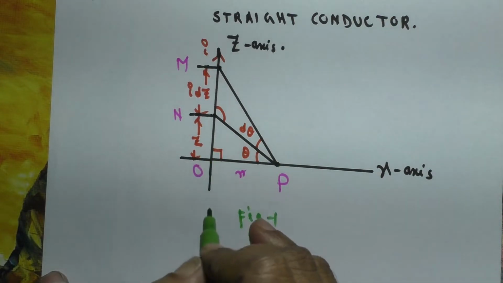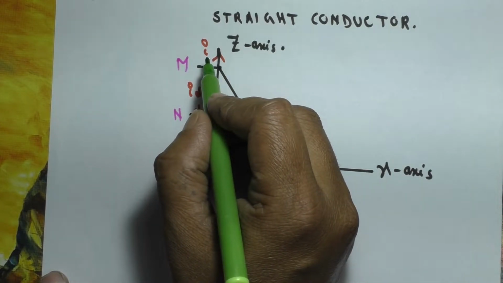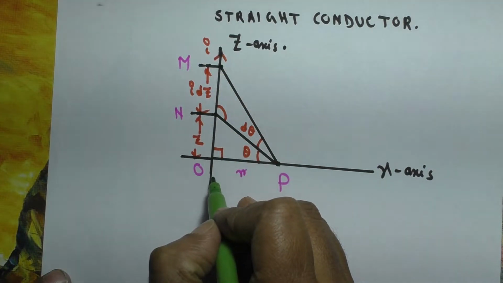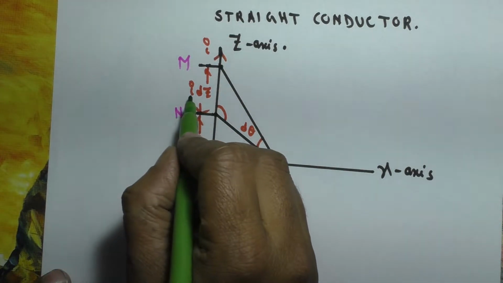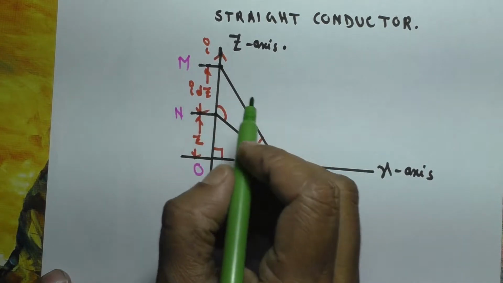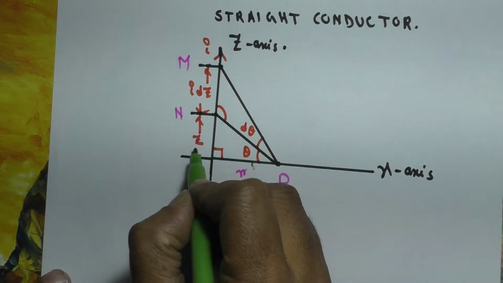An infinitely long current carrying conductor carrying a current I is placed along the z axis, and here I dz is a current element. The distance between the current element and the origin is z.